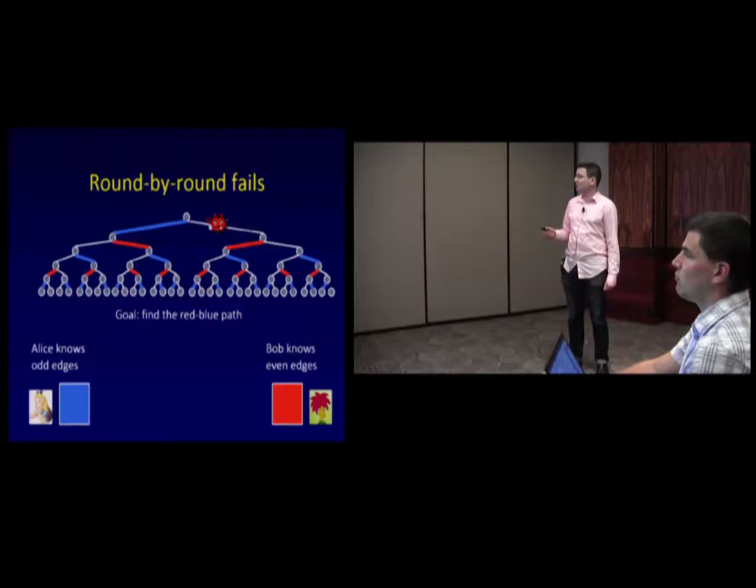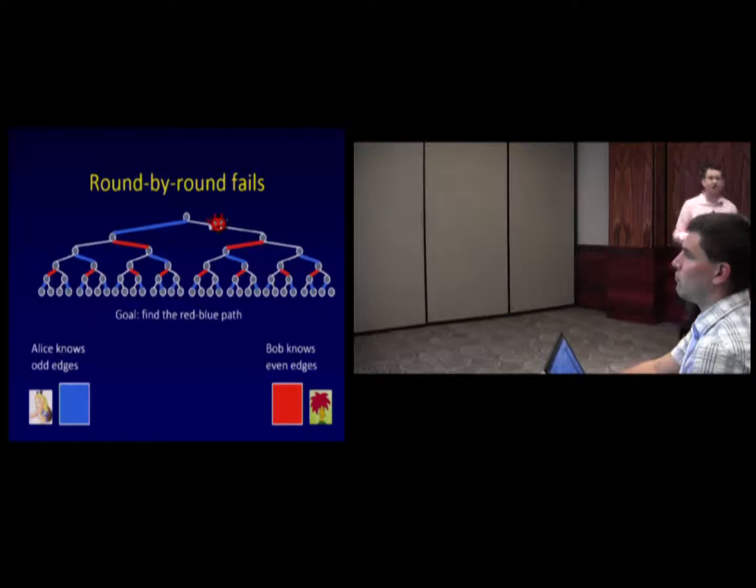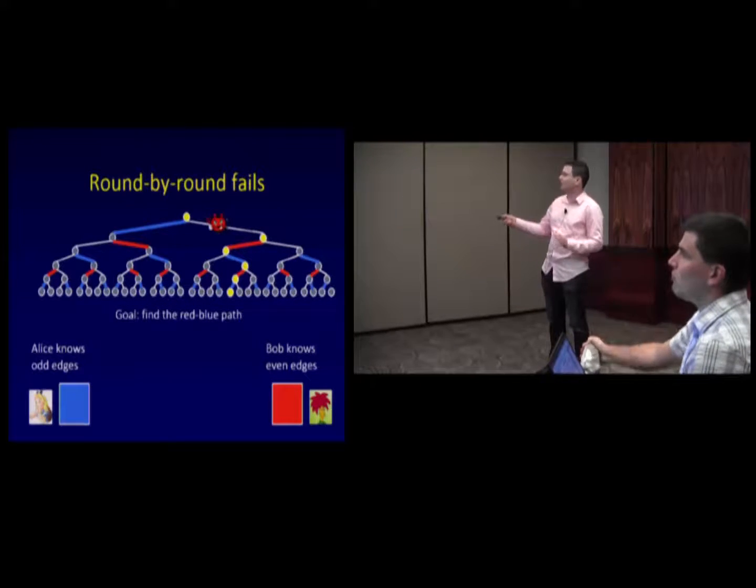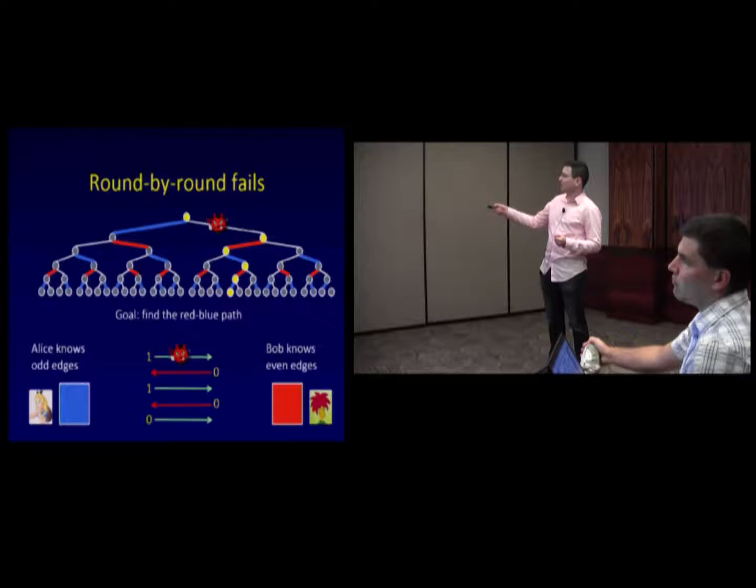Just to point out that a round by round solution that does not take into account interaction will fail. The reason is that if the adversary manages to corrupt, say, the first message, then Alice will think she's in this subtree, Bob will think they're in this subtree, and so they move to this node.